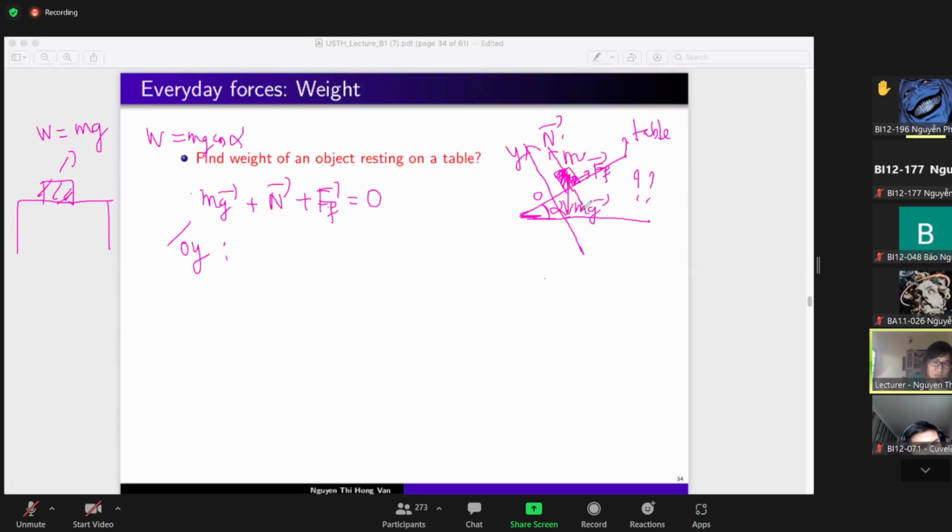You project mg onto Oy, where alpha is here, so you get minus mg cos alpha, because this is going down, plus N. Friction is perpendicular to Oy, so it's 0. So from here, N equals mg cos alpha, and the weight is equal to N, equal to mg cos alpha.